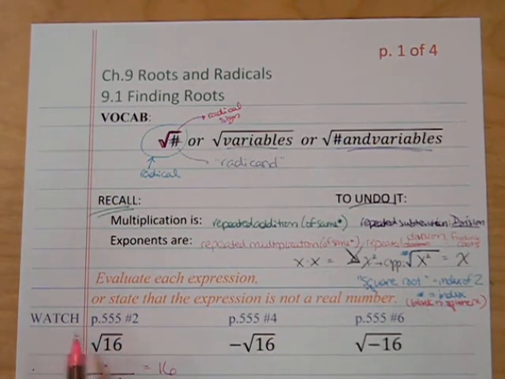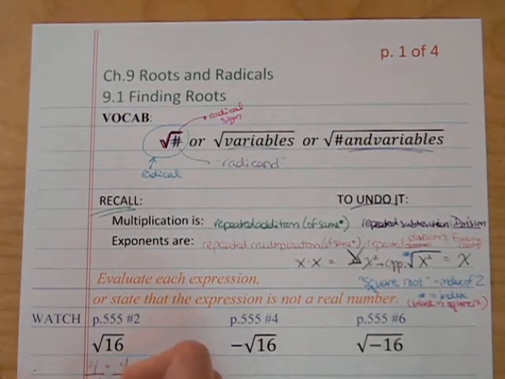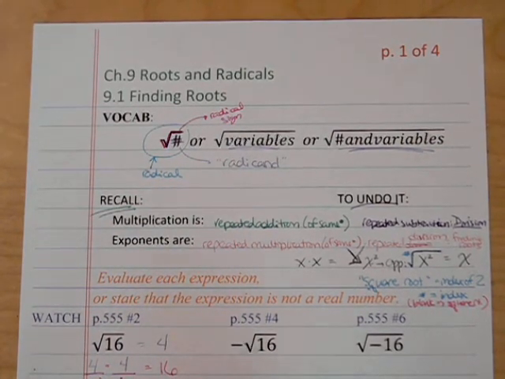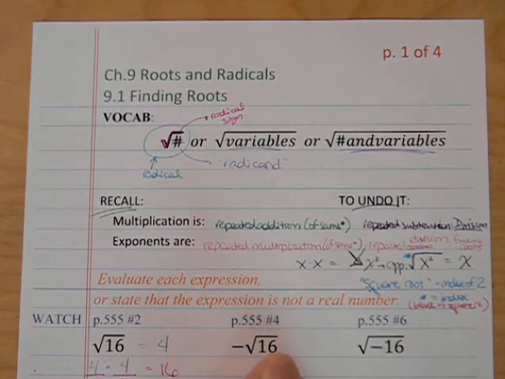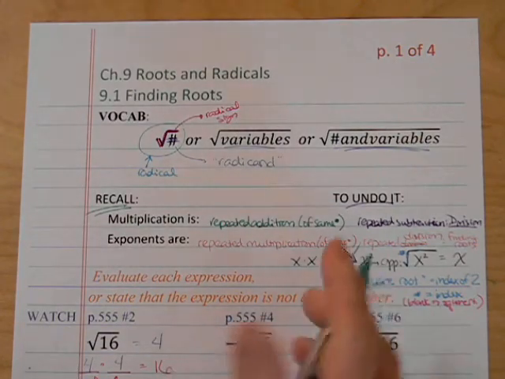And with no sign out front, we're looking for that positive value that does that. So in this case, the answer is 4, because 4 times itself does give you 16. And when it's positive, this is known as the principal square root, the first and foremost square root.